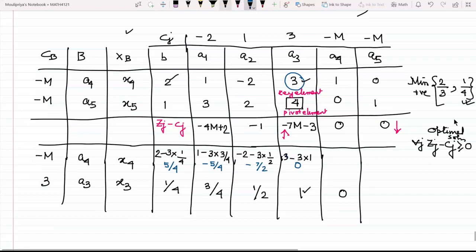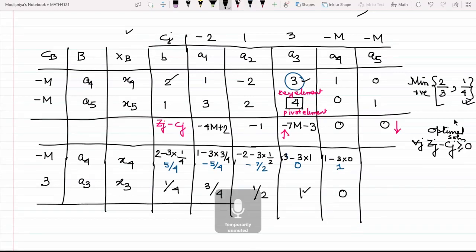And the last column, that is corresponding to A4, it was initially 1 minus 3 into 0. So this is equal to 1. I hope I am okay with the calculation of the first row.